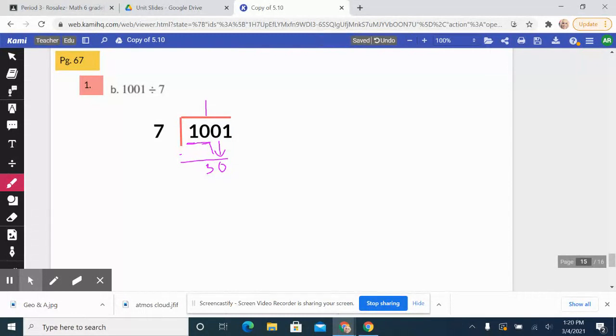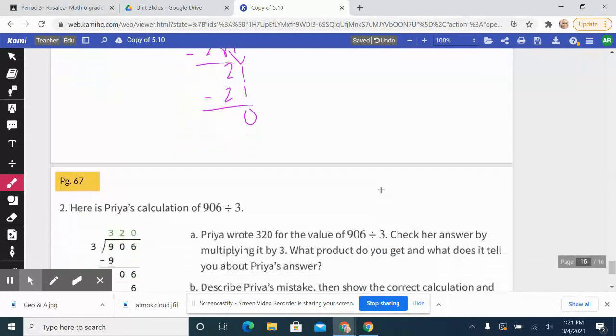So 7 goes into 30 4 times. 4 times 7 is 28. And then you should end up with 2. Now you're going to bring down your 1. And 7 goes into 21 evenly 3 times. 3 times 7 is 21. And you end up with 0. So please make sure you write all that you see in purple. You should be working all of these out the same way that I did when I grade your notes.